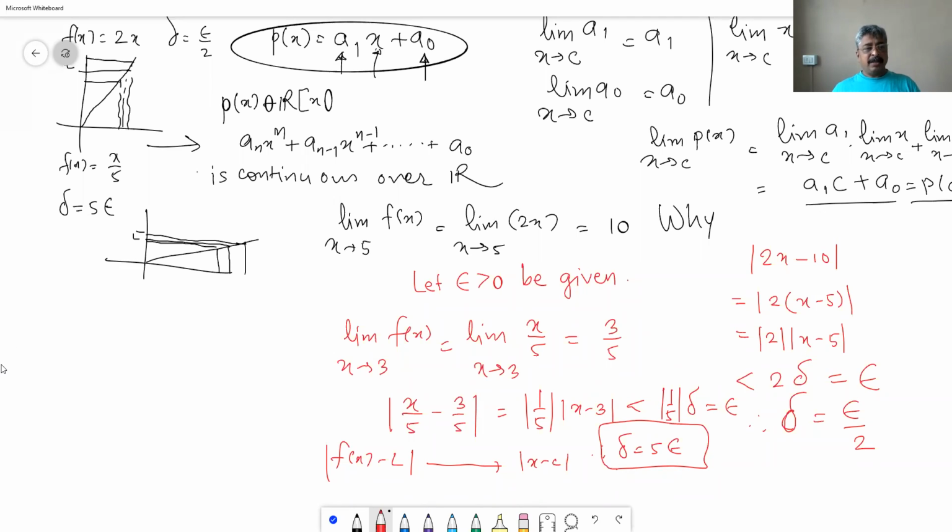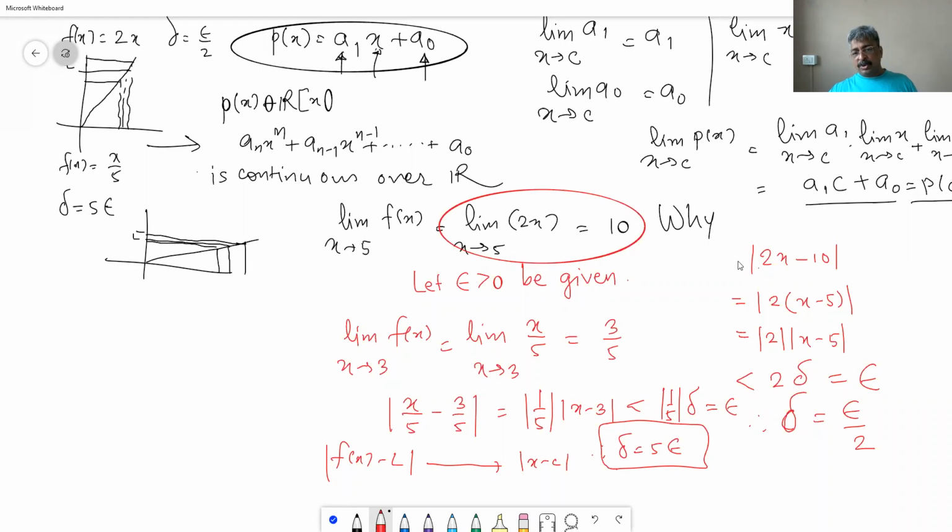Okay, in the meanwhile, I have just started the recording. So this is a formal proof of why the limit of f of x as x tends to 5, where f of x is equal to 2x, is equal to 10. What is the proof of this? How do we prove that this is correct?